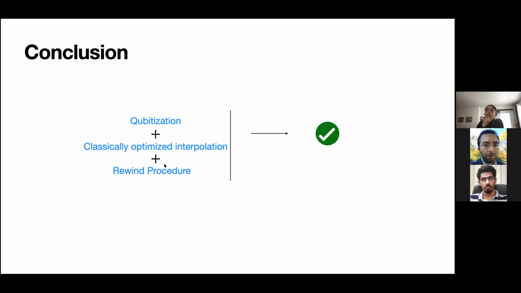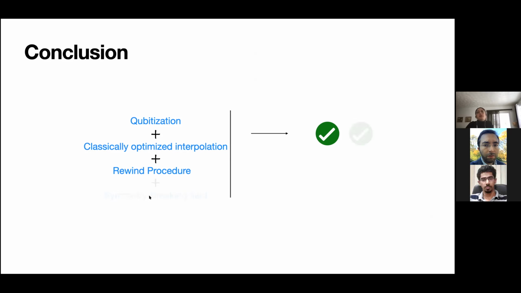The classically optimized interpolation helps us to optimize the number of intermediate projective measurements that we need to do, so we can have a clever way of defining this. And the rewind procedure helps us to avoid having to restart from scratch, so we can have some gain that came from there too.